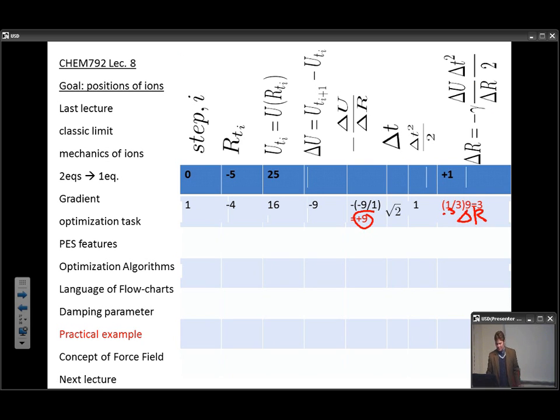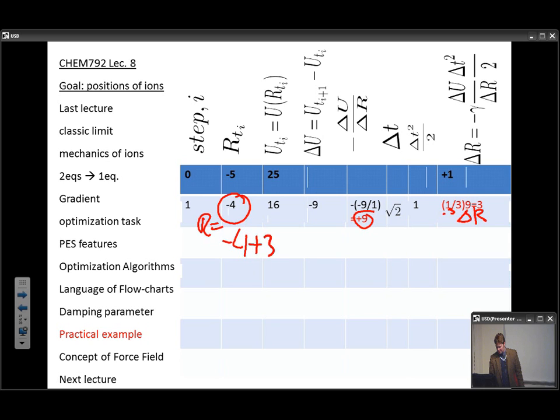So what does it mean? It means that if you want to get closer to the minimum from r equals -4, we need to make a step as long as 3 to the positive direction, which does make sense, right? So we know that we need to approach 0.